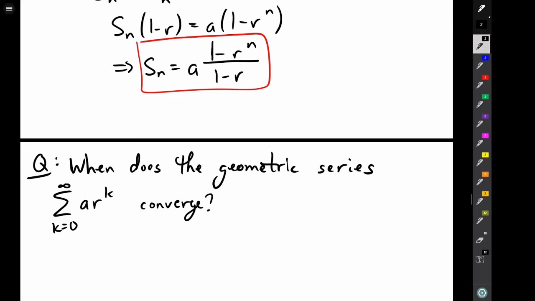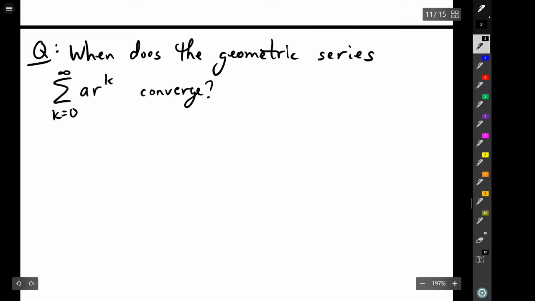When does it converge? And moreover, we can even figure out what it converges to. It's going to turn out that we're trying to take the limit of this Sn here. So the question is, what is this limit?